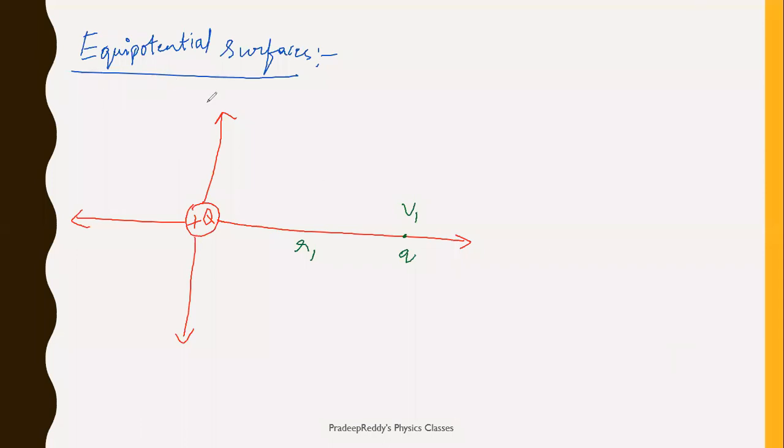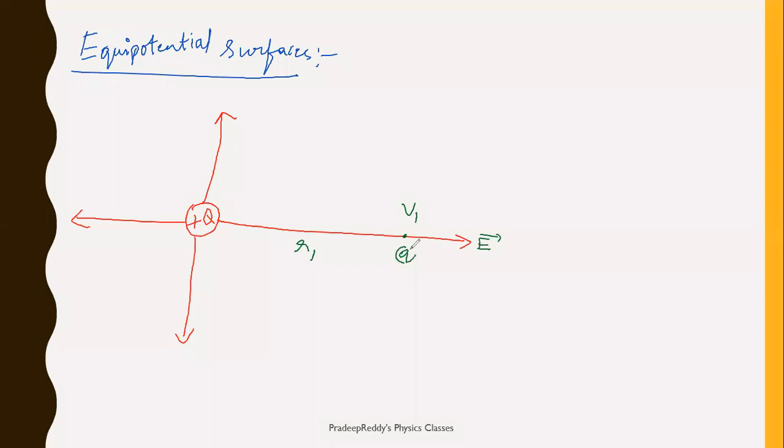Right? We are going to learn about equipotential surfaces. For that, I am taking a positive charge plus Q, and from this plus Q charge, the field extends outward. This is E bar, and in the field line, I am taking one test charge which is denoted with small q.